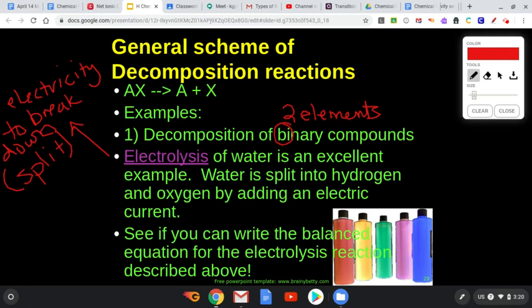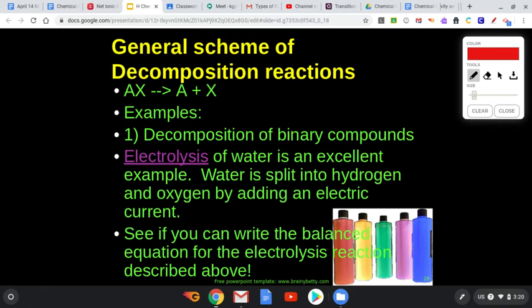Let's see if you can write the balanced equation for the electrolysis reaction above. Water splitting into hydrogen and oxygen gas. So water, H2O, is going to be the only reactant, and it is going to split into hydrogen and oxygen gas.